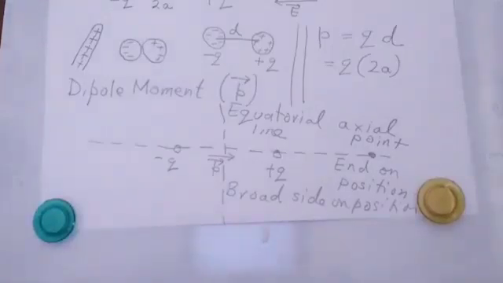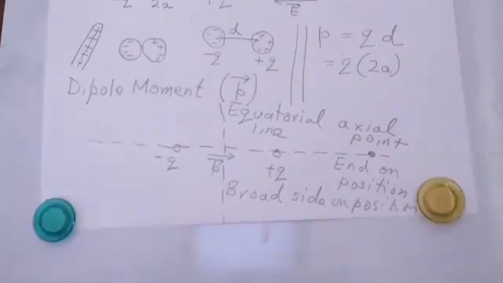So these are the basics of dipoles. A dipole consists of two equal and opposite charges separated by a distance. A dipole has a very important property called dipole moment. P vector is directed from minus charge to plus charge. If we join the two charges and extend that line, we get the axial line.